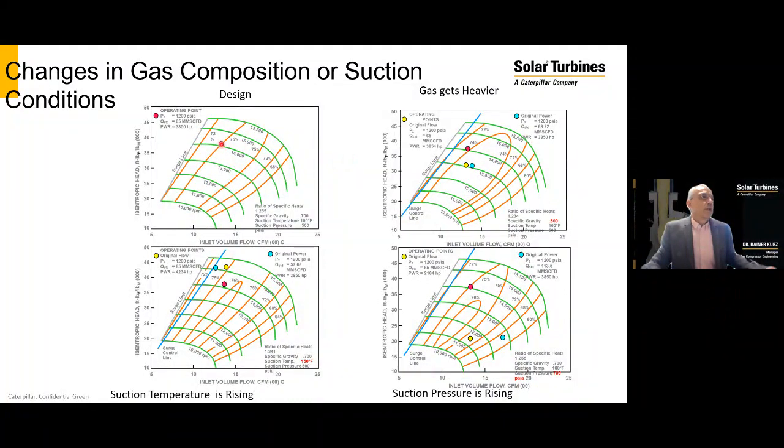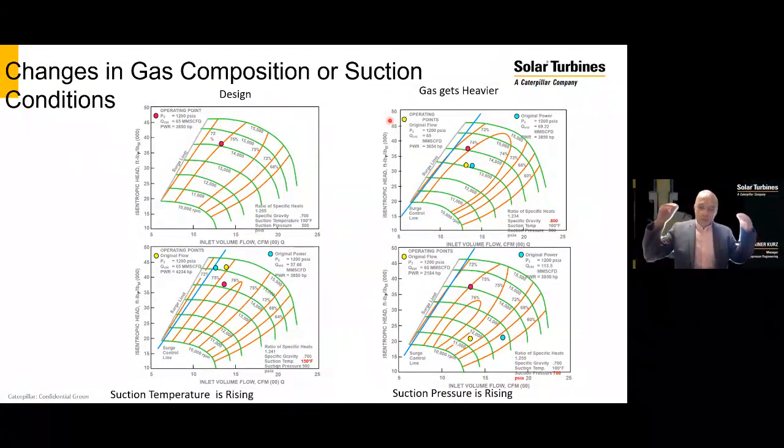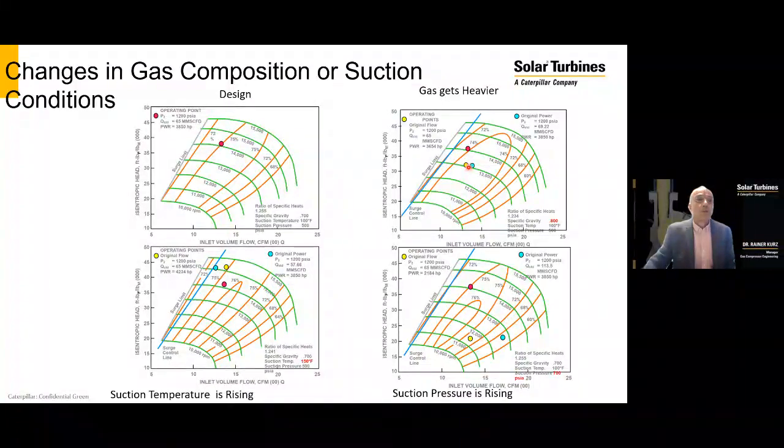So we take here a machine that was designed for this operating point, and now let's see what's happening if the gas gets heavier. Well, the machine that's supposed to compress that gas to a certain discharge pressure with a heavier gas simply runs slower. There's really not much you need to do. The process control would take care of that automatically.